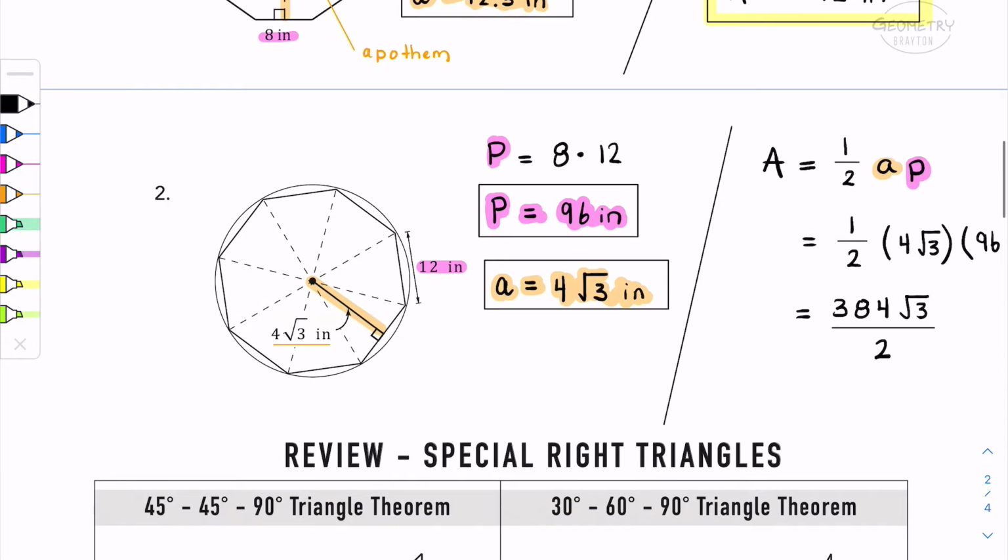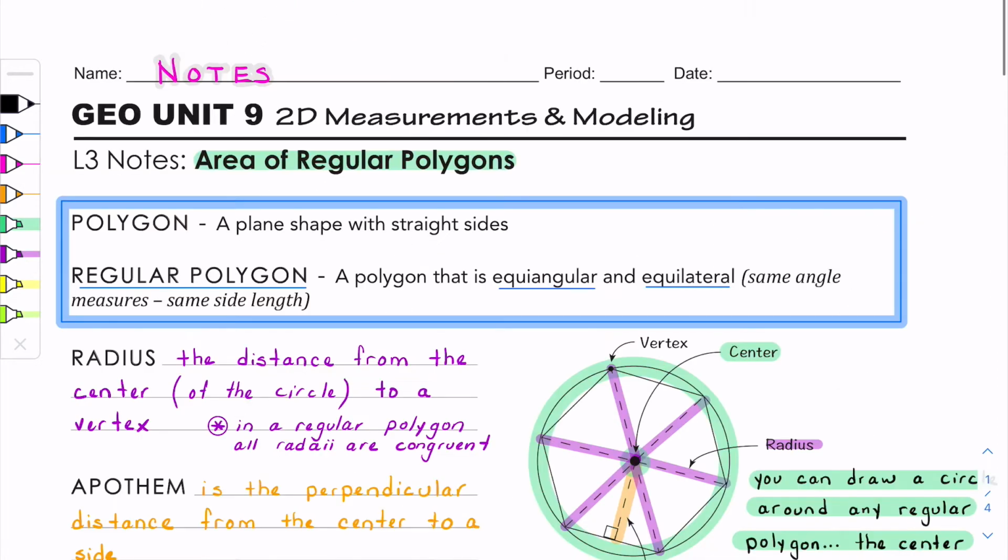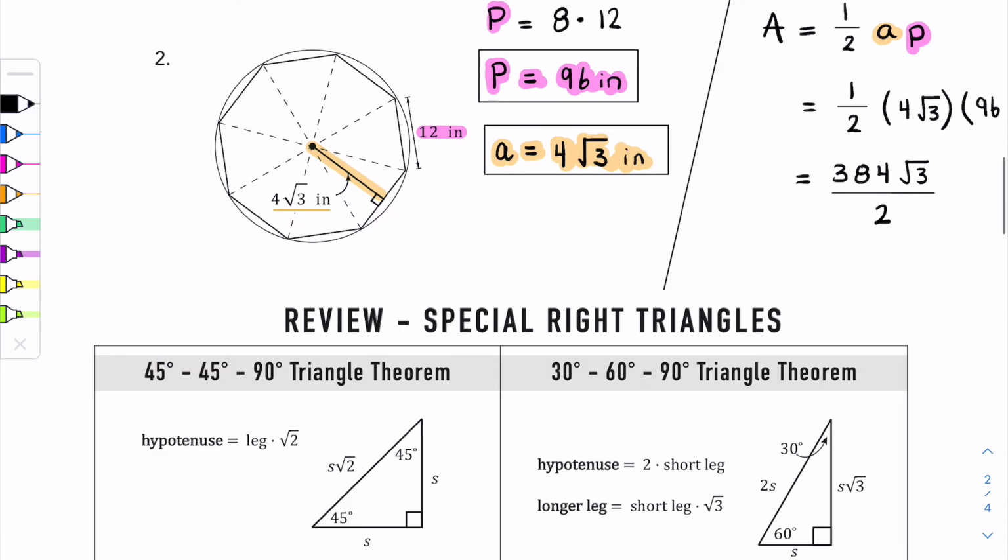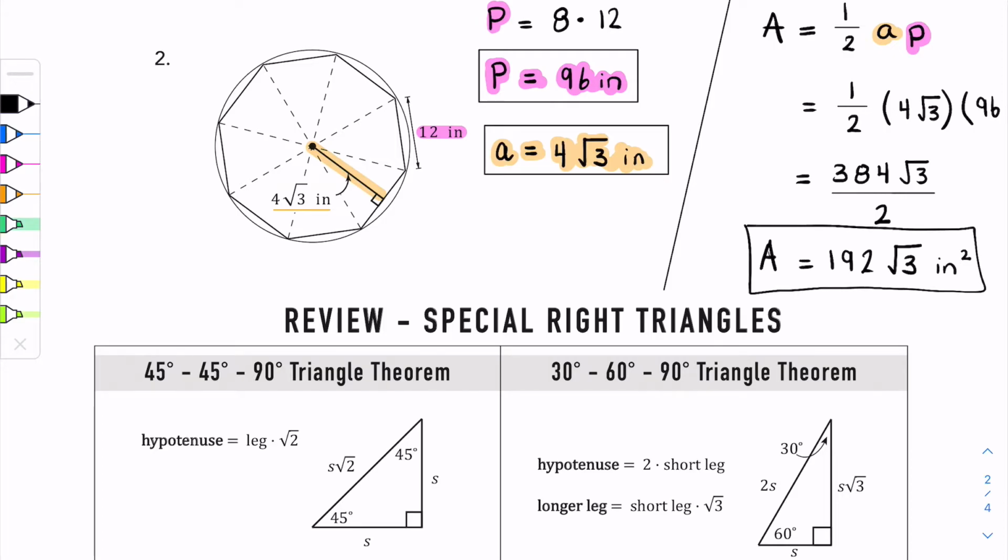And I'm going to leave this in exact form. I'm not going to round this, so I am not going to get rid of my square root of 3, because if I get rid of the square root of 3, that means I'm going to be rounding. So I'm going to write my final answer for the area as 192 multiplied by the square root of 3, and this is square inches. That is my final answer.